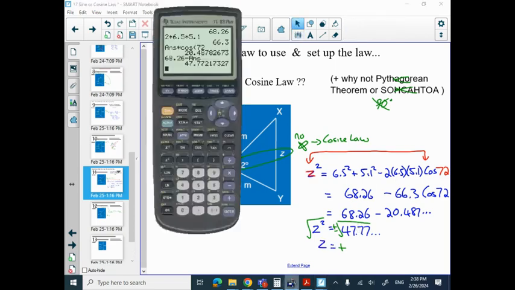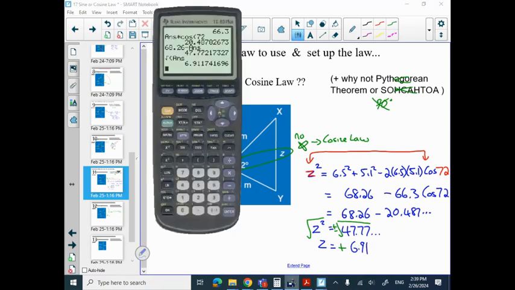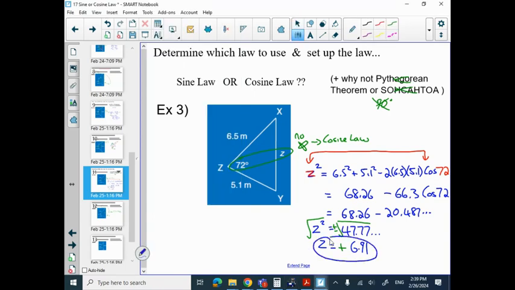So the root of that thing, do root right there, and answer. So 6.91 or so. 6.91 or 6.9, you know, the answer for z. Okay, so cosine law worked out nice.